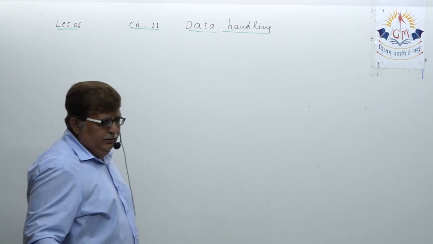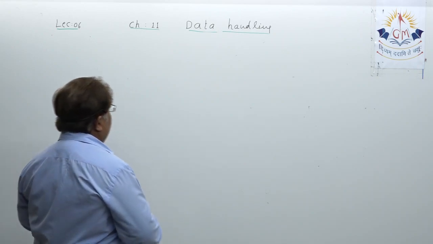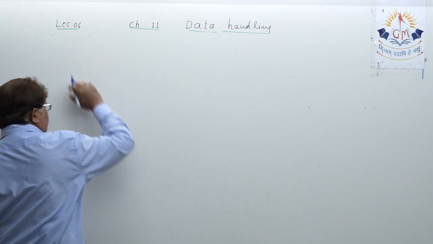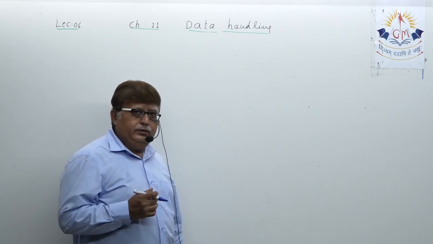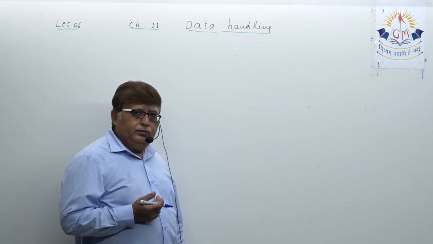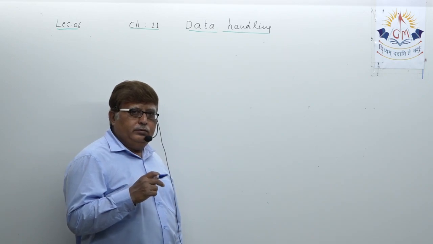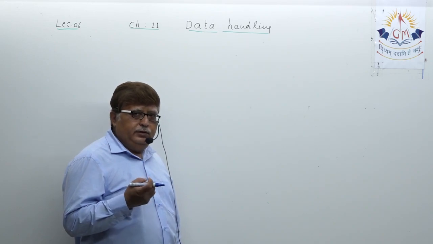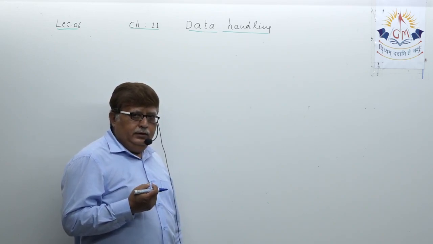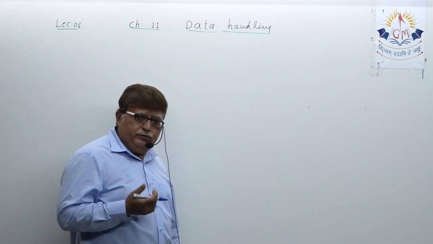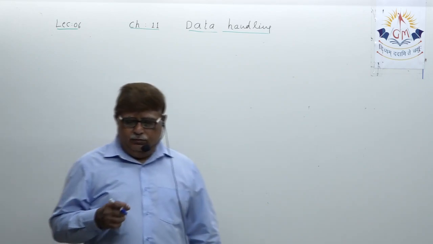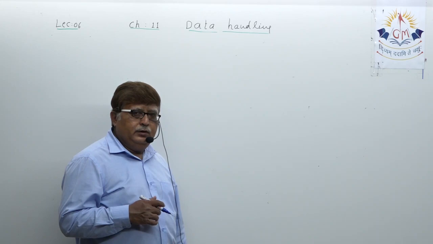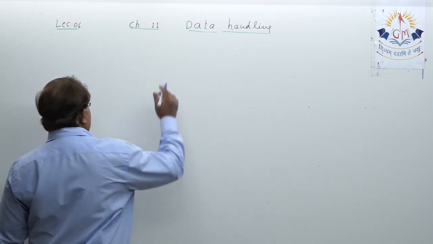Let me write one example here. Actually we are continuing the topic which we have targeted in our previous lecture. We continue the same topic, and we are going to actually do the same thing, solving again some examples.